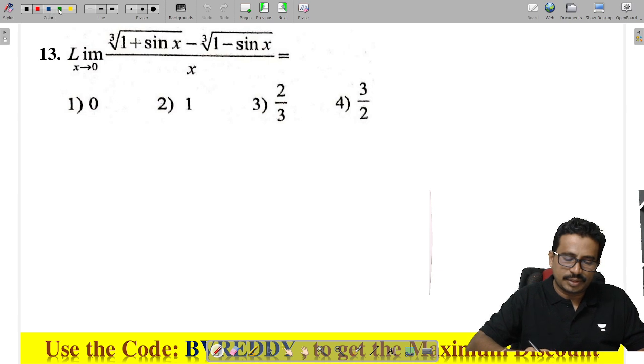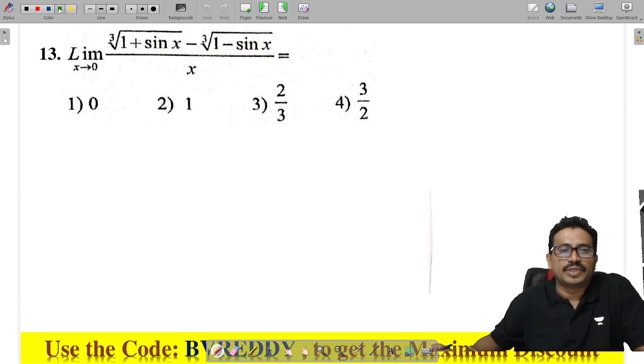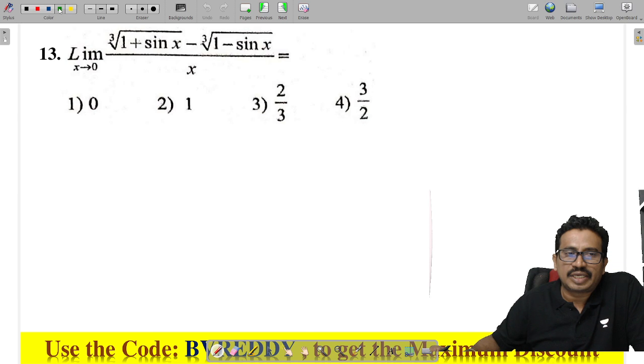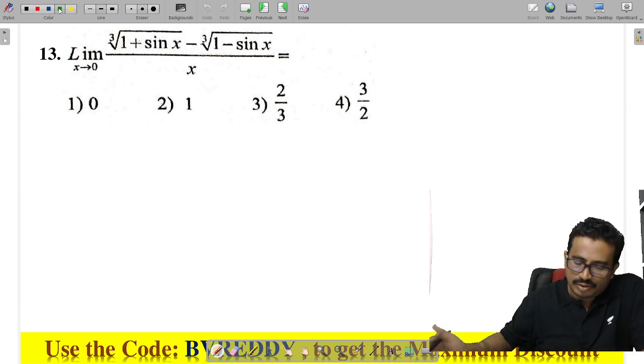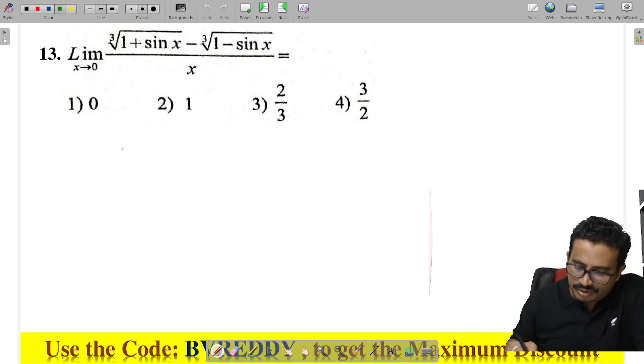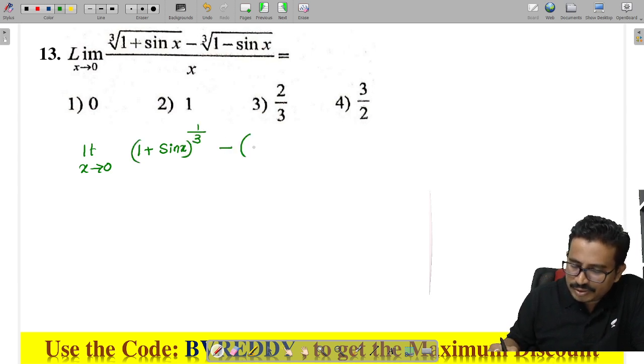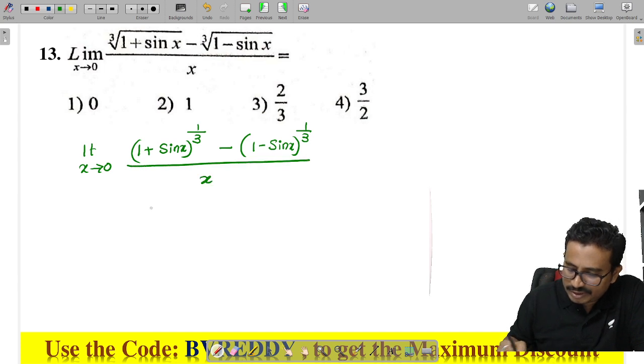Next problem. Here also if I replace x is equal to 0 directly, we'll get 0 by 0 form. So here also we'll go for L'Hospital rule. Limit x tends to 0, (1 plus sin x) whole power 1 by 3 minus (1 minus sin x) whole power 1 by 3, by x.